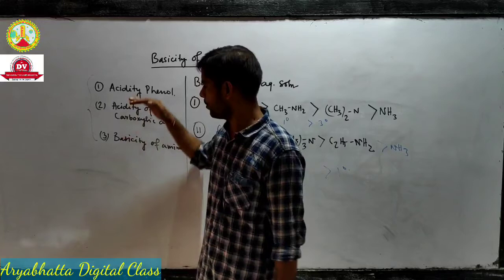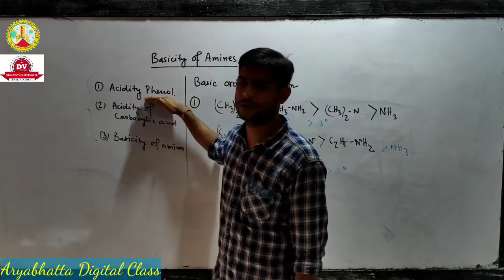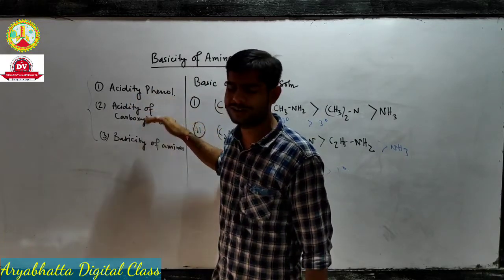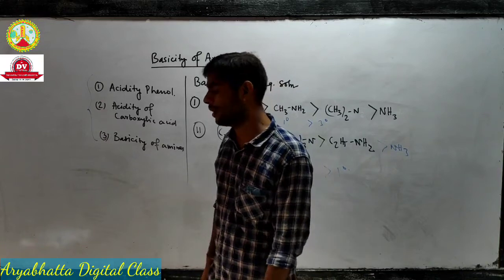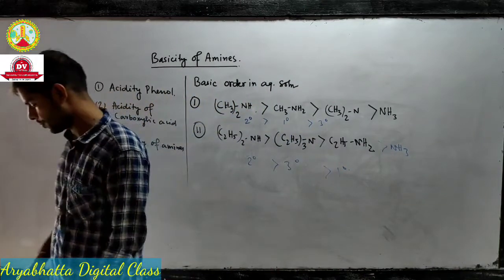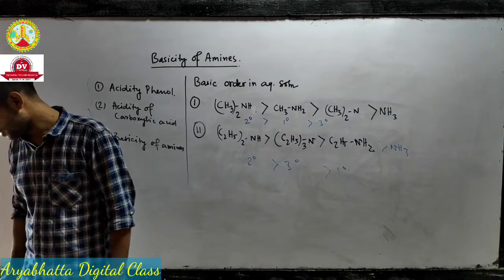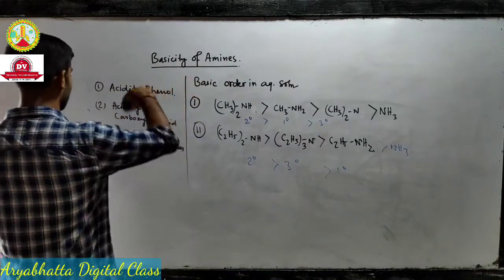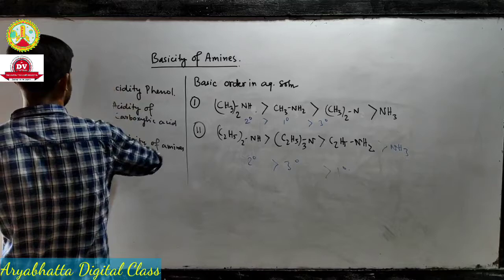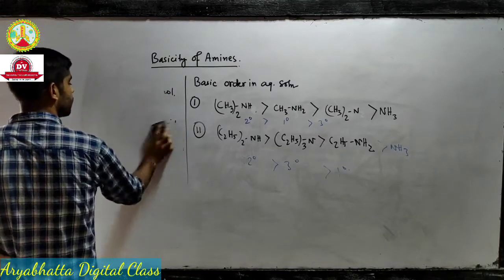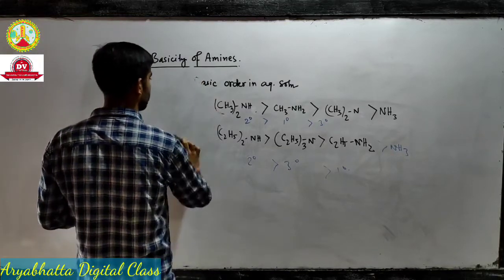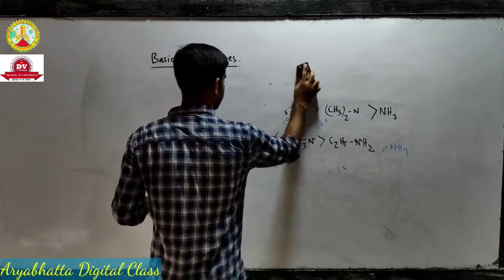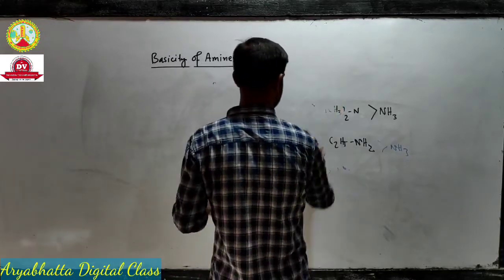Either it can come from acidity of phenol, or acidity of carboxylic acid, or basicity of amines. So you'll get at least 1 question from these 3 topics. So go through them carefully.